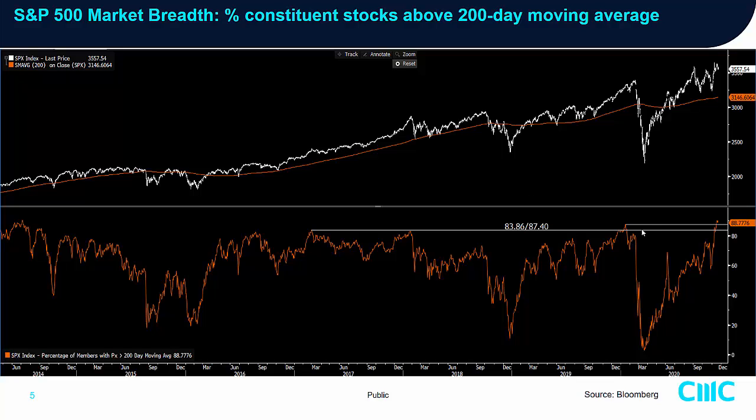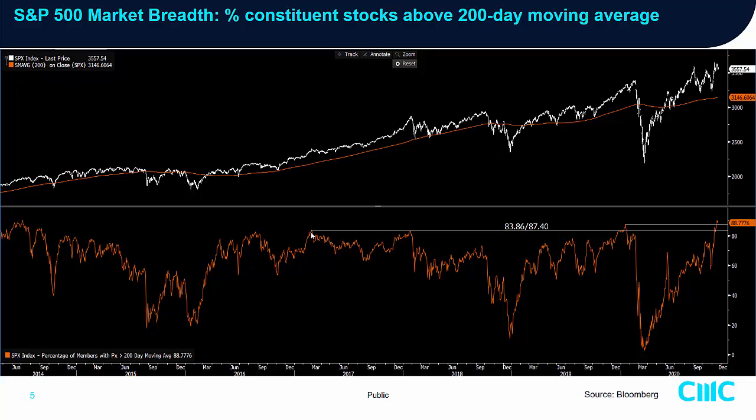And right now, the current level of 89% has already surpassed this significant overbought zone. So what does it mean over here? It's telling us that the risk of a setback or a pullback increases at this juncture, given it's now above this extreme overbought level not seen since December 2016.